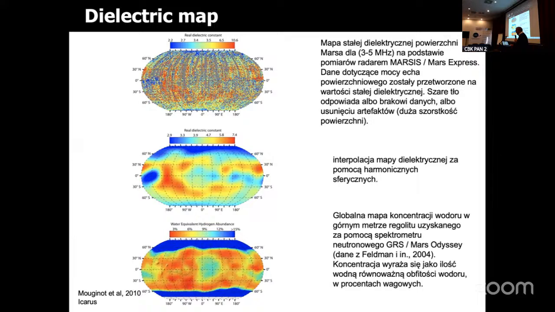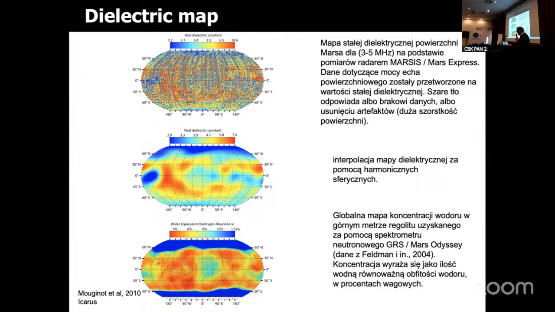And this is compared with the instruments measuring the abundance of hydrogen in the first meters of the subsurface. This is how much water equivalent, it's not really water, it's the presence of hydrogen in the mineralogy of Mars.